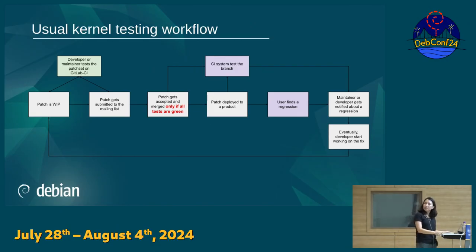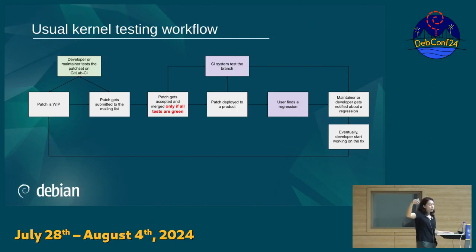The first difference is now we have a green box there. So when a patch is work in progress, the developer or the maintainer can test the patch set on their own instance of GitLab-CI, to check if everything is fine, and if not, then rework the patch.